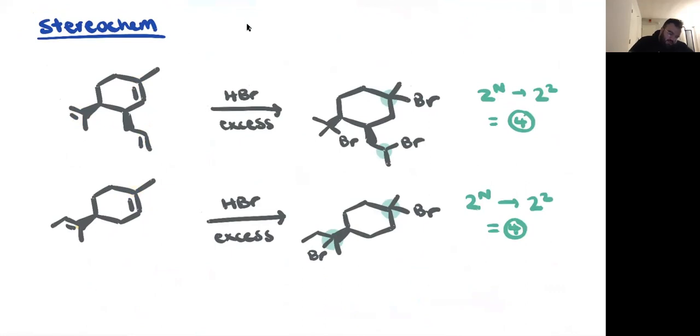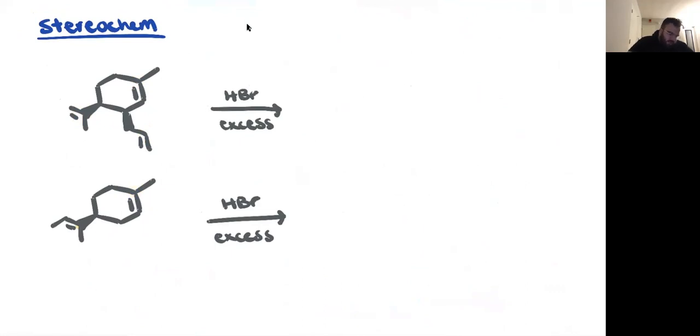So let's say that now instead of using excess HBr, we're using excess Br2. Okay, so now we know that we're going to have to add our bromides in across these double bonds that you see over here. And our final products will look something like this.